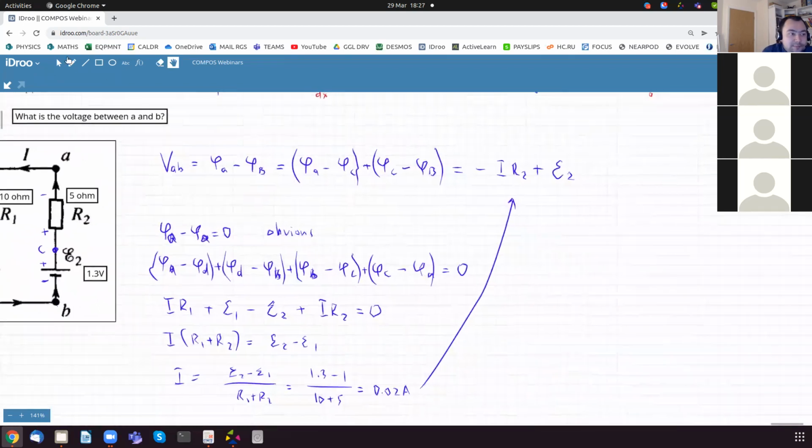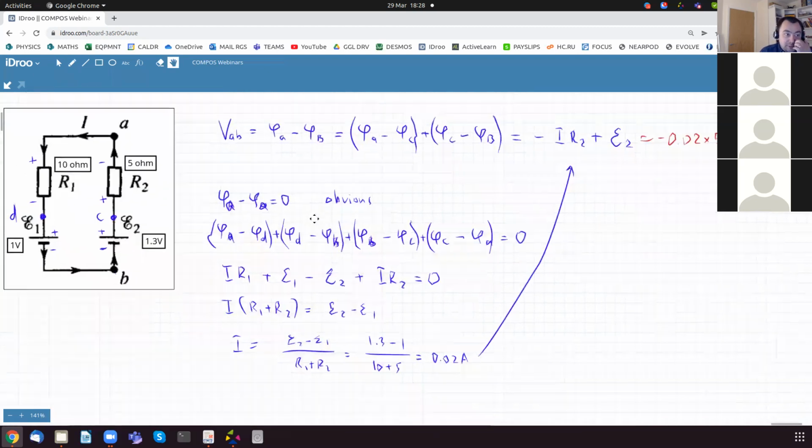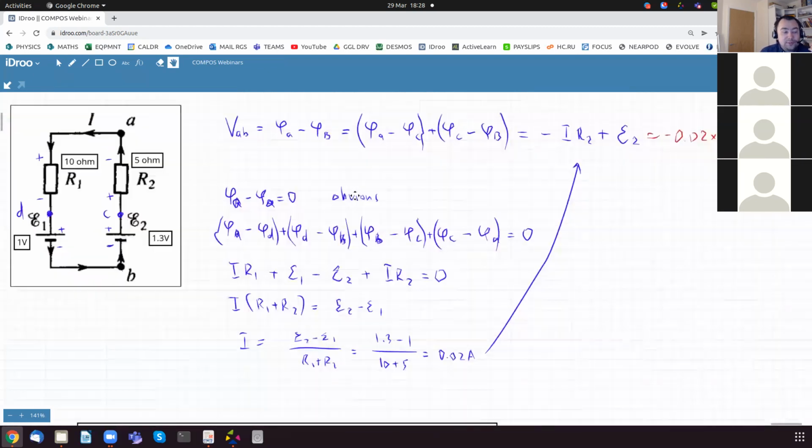So I plug this in: minus 0.02 times R2, which is 5, plus EMF2, which is 1.3, and the answer is 1.2 volts. So the potential difference between A and B is 1.2 volts.